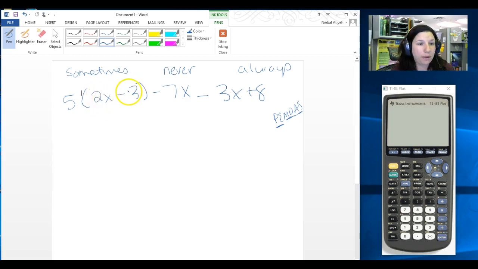Inside the parentheses is 2x minus 3. Those are not like terms. I can't combine them. Those parentheses instead are there to show me that it's 5 times this and that. So let's distribute. This 5 is a positive 5. And then I just bring the rest down.